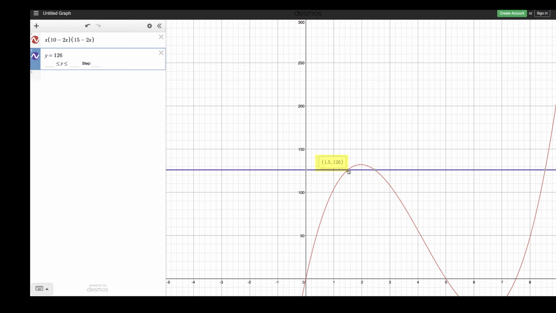It looks like 1.5 and about 2.5. So 2.46 or 2.5 is fine. So it looks like x equals 1.5, and when x equals about 2.5, both of those values of x will give us a volume of 126. Notice there's also one over here. We don't care about that guy because that's outside of our reasonable domain.